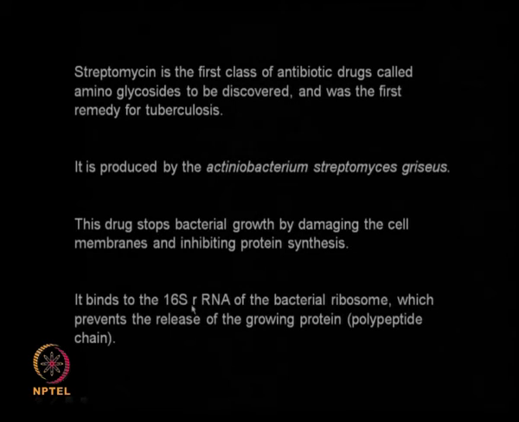It binds to the 16S RNA of the bacterial ribosome, and hence it prevents the growth of the protein. So, this is the mode of action of this particular antibiotic streptomycin, and hence it was used quite a lot in tuberculosis. Even now it is being used for treating tuberculosis. So, it still has quite a lot of application.